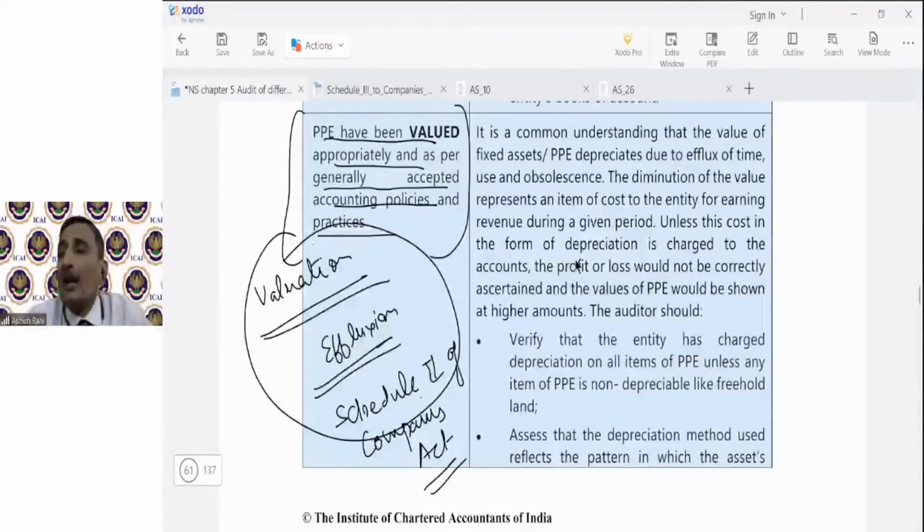So depreciation has to be calculated keeping in mind the useful life of an asset. So कितने साल वो एसेट चलेगी, मान लीजिए किसी एसेट की लाइफ 10 साल है, तो जो उसकी कॉस्ट है वो 10 साल में डिवाइड होगी. ओके. सो this is the concept of useful life, and depreciation in case of companies is charged in the manner as required in Schedule 2 of the Companies Act, where useful life of various assets are stated.